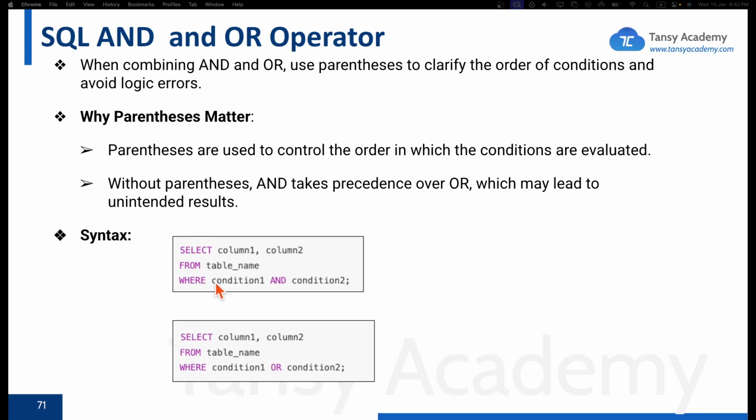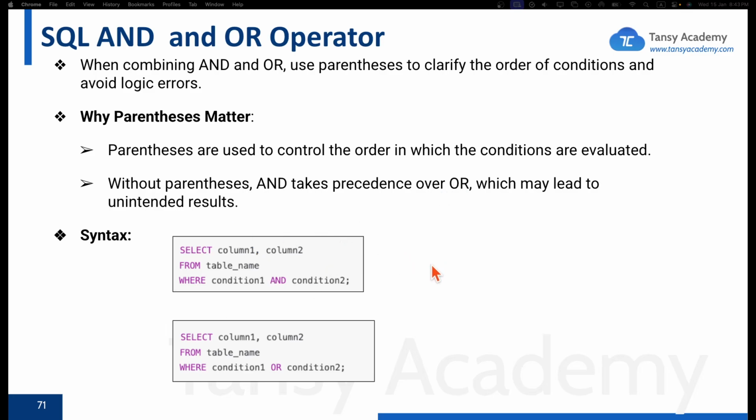Because if you don't apply parentheses, it's like our mathematical question, 3 plus 4 minus 2 divided by 10, then multiplied by 100, right? So what is the answer? Is multiplication applied first, or division, or plus or minus? Same thing here. AND takes precedence over OR if you don't have parentheses.